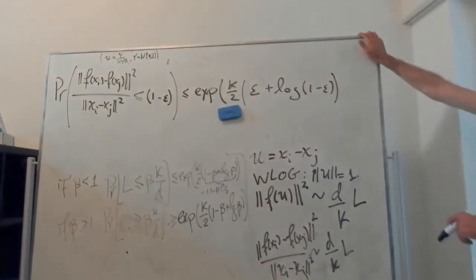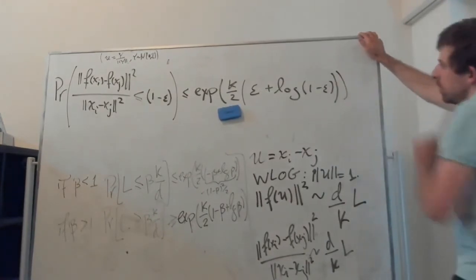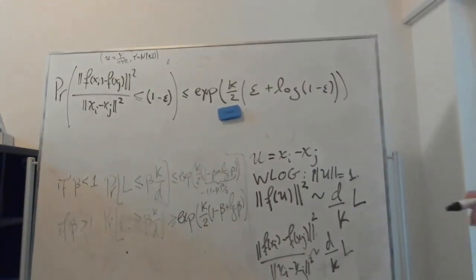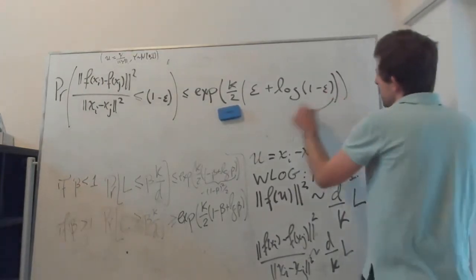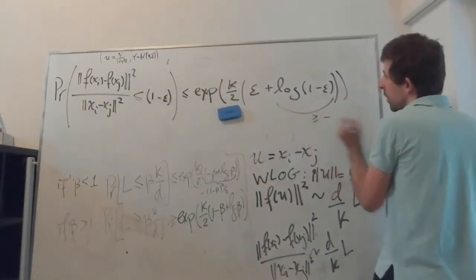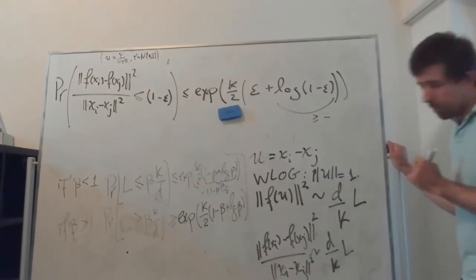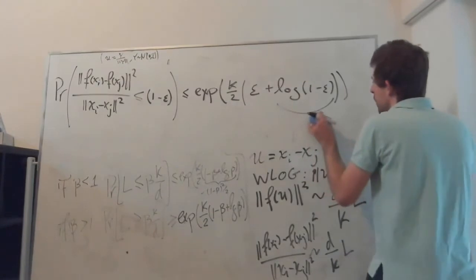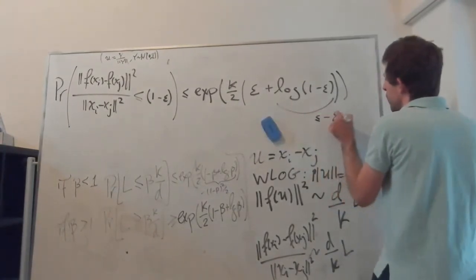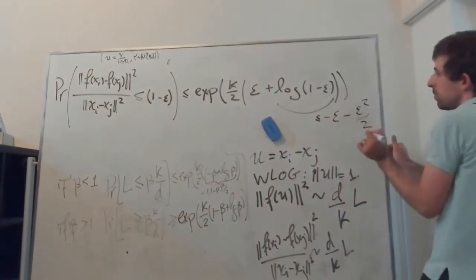Did I close all the parentheses? No. Okay, so I have this. Now you can just do a Taylor expansion, and this is smaller or equal than minus epsilon squared over 2.